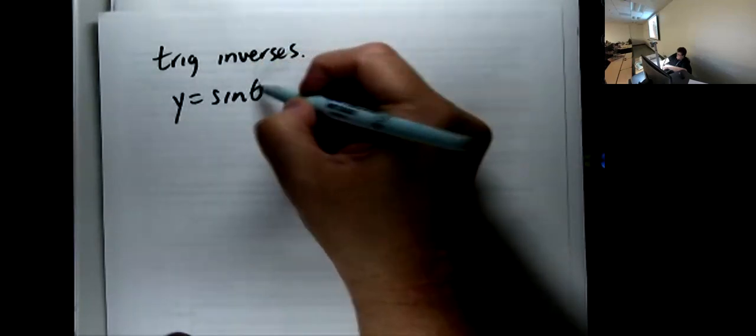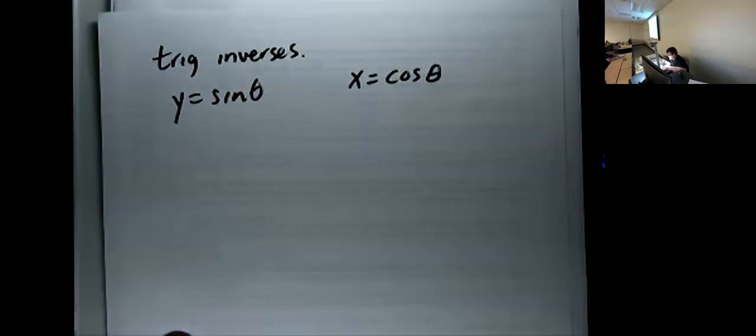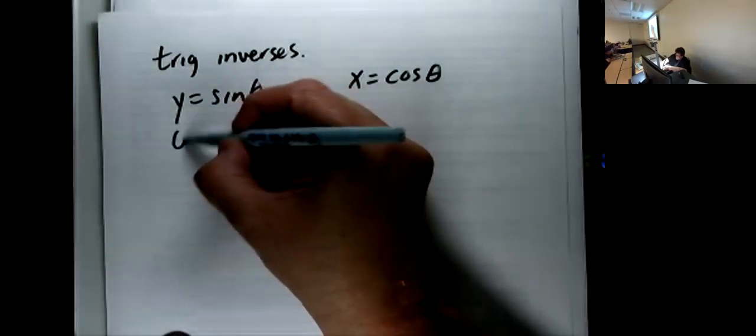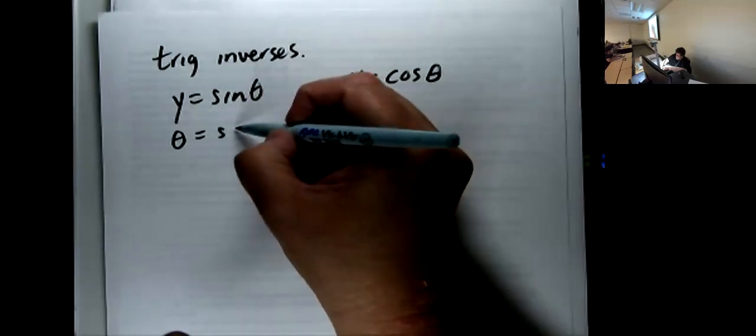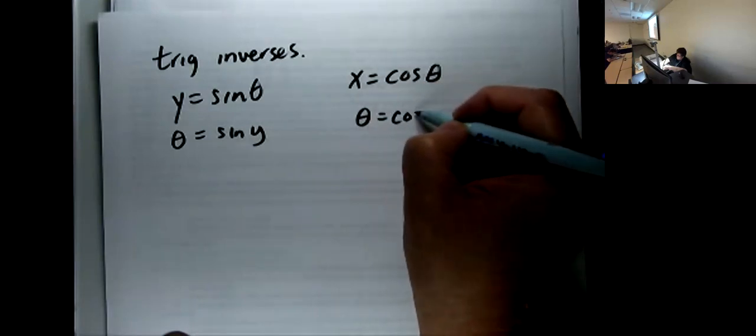Normally we have y equals sine theta and x equals cosine theta. When we do the inverses, these swap. Theta equals sine inverse y, and or theta equals cosine inverse x.